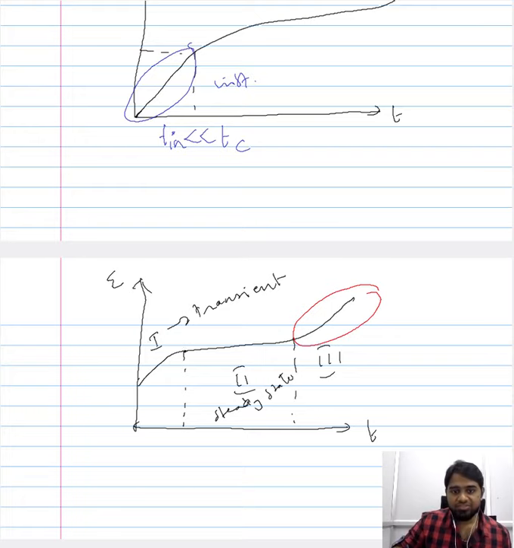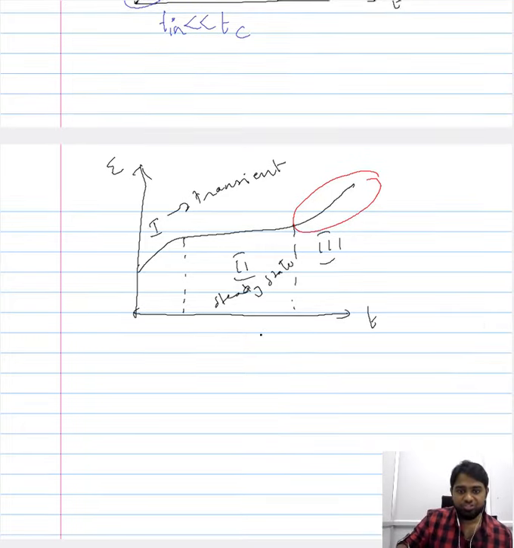The steady state stage by definition is characterized by minimal change in the strain.